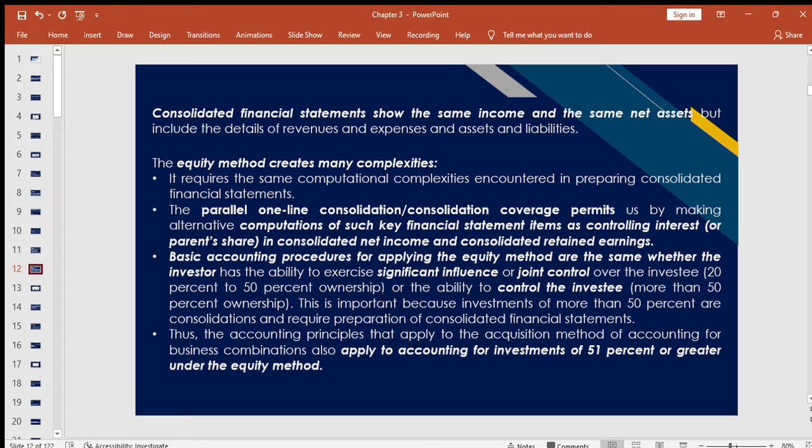So, the equity method creates many complexities. One is it requires the same computational complexities encountered in preparing consolidated financial statements.